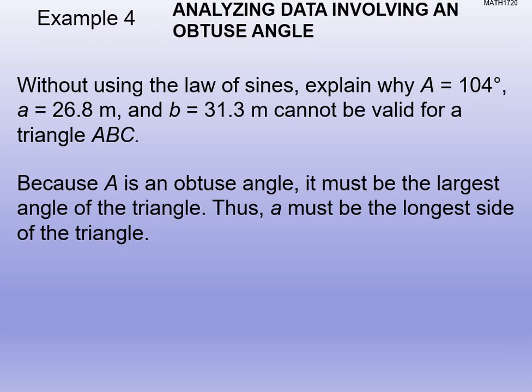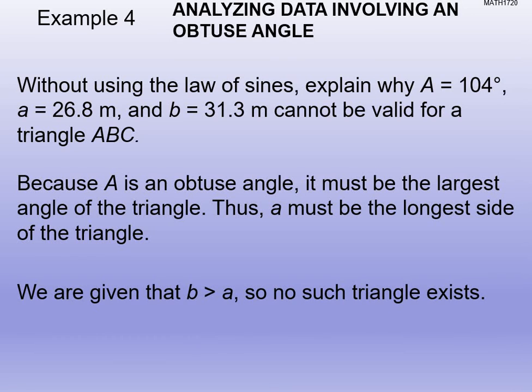So if the side opposite 104 degrees is not the largest side, this triangle can't be valid. Little a is 26.8, which is smaller than little b, which is 31.3, which tells us this cannot be a valid triangle, because a needs to be the largest side length here, and it's not.